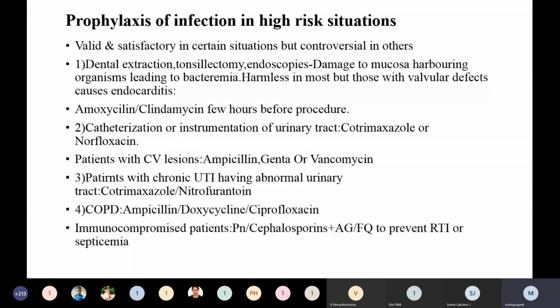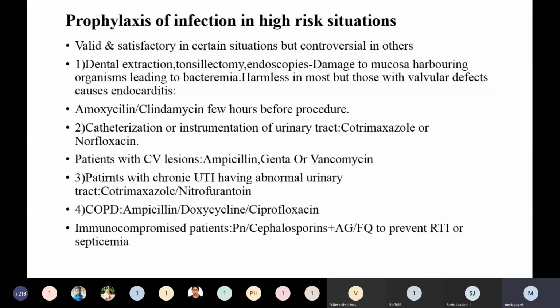If any patient has to be catheterized or has instrumentation of the urinary tract, we have to treat with cotrimoxazole or norfloxacin. A patient having cardiovascular lesions, we have to give either ampicillin, gentamicin or vancomycin.